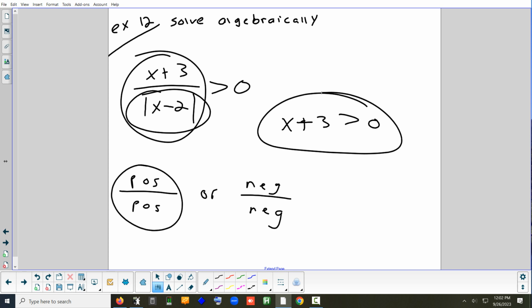So in this case, it would be x has to be greater than -3, but not what number? But not 2. X is greater than -3, but not the number 2. So anything you want that's greater than -3, but not the number 2.